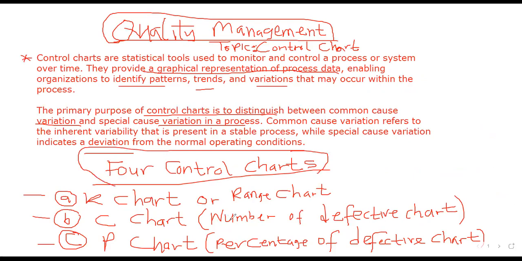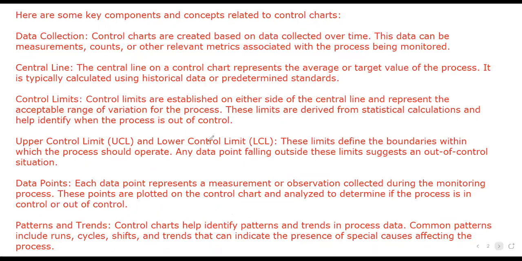So if you are asked how many control charts there are, we have all those. We look at the center line as the guiding point, the upper and lower control limits, and then the data points.